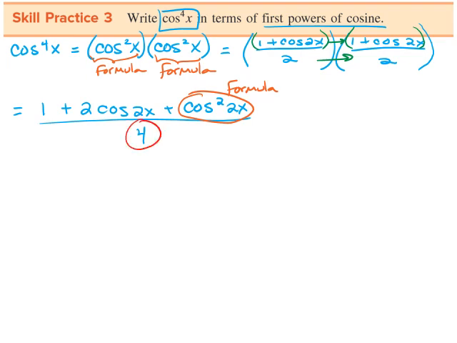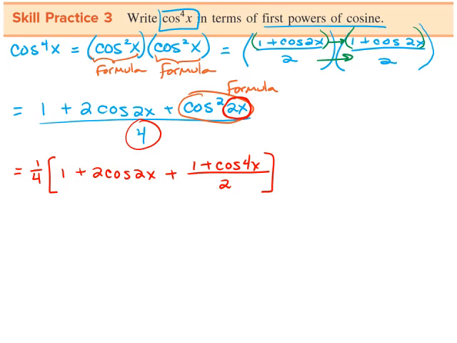Also, like the previous problem, I'm going to move this 4 out in front, so I end up with 1/4 times 1 plus 2 cosine of 2x, so that stays the same. But applying the formula and being cautious of this argument, I get 1 plus cosine of 4x all over 2. Okay, so everything here is in first powers of cosine, which is great.